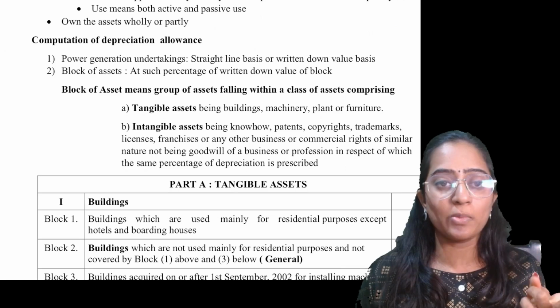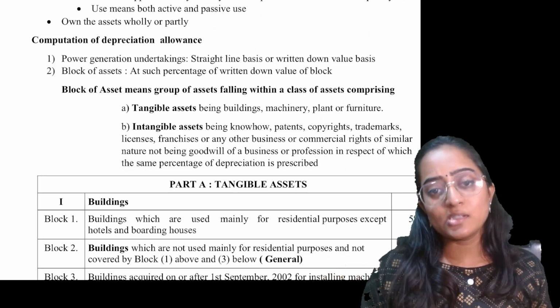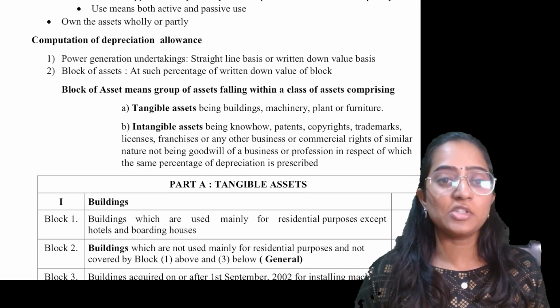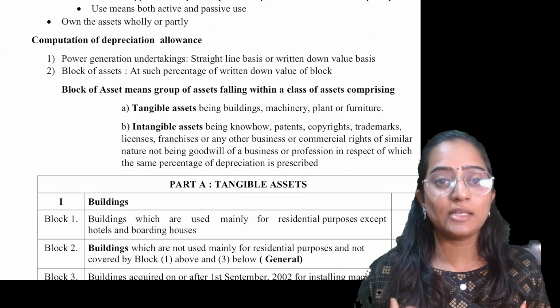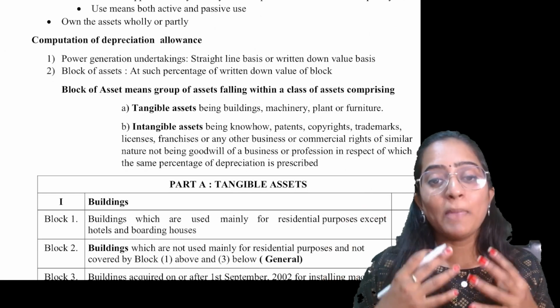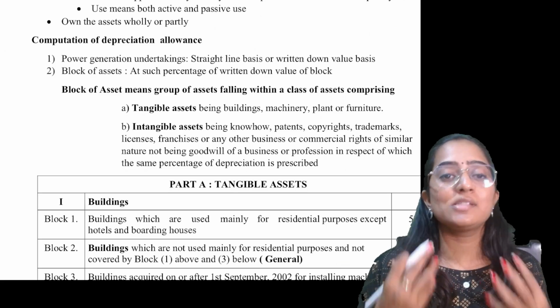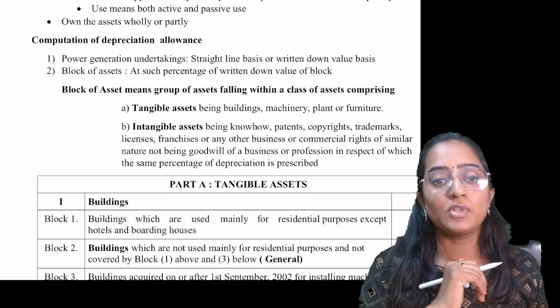Any one method they can opt for. But if I am in the automobile industry, an electronics manufacturing industry, a trading industry, the service sector, anything for that matter, my asset shall always be subject to depreciation under the WDV method only for the block.